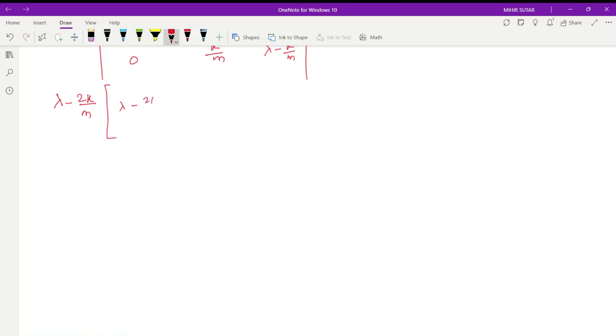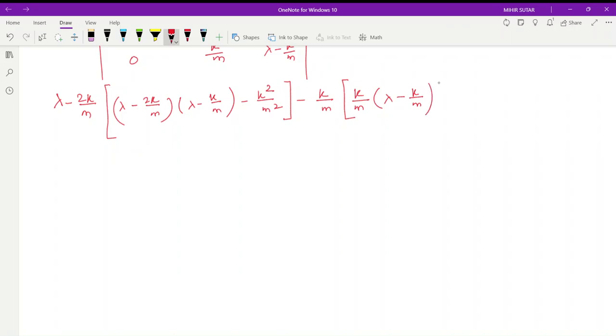So we can write this as lambda minus 2k by m into lambda minus 2k by m into lambda minus k by m, minus k square by m square, minus k by m into k by m into lambda minus k by m is equal to 0.